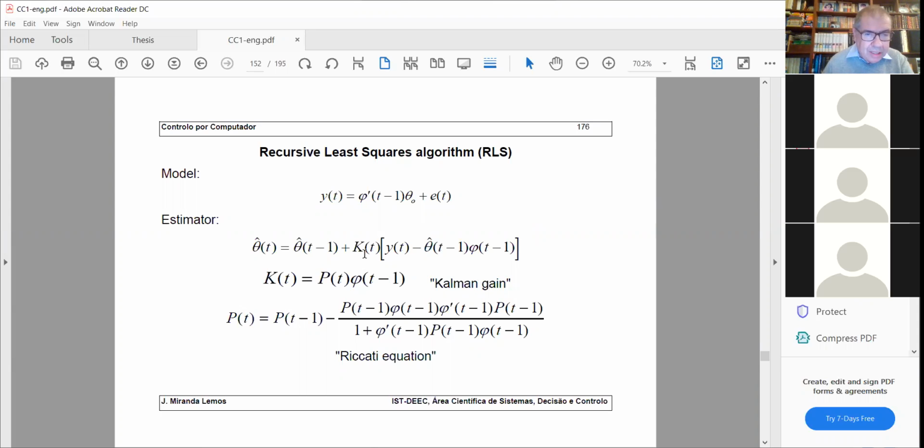And you can rewrite the problem of estimating the parameters in such a way that it becomes a state estimation problem. Later, when we speak about control based on state space models, we will say a little bit more about it. For the moment, this is just one name, Kalman gain.